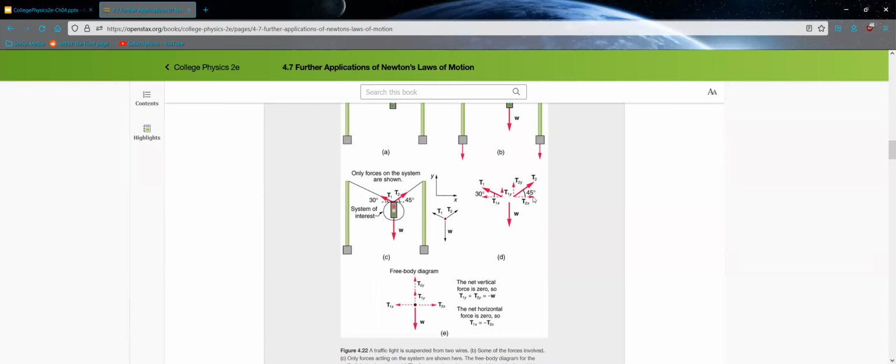There's a lot going on in this diagram. If you look at figure D over here, it has all these different directions and breaking down components. But the important characteristic here is any direction is simply a combination of X and Y components. So if you break down that 45 and that 30-degree angle into X's and Y's, now everything is in either the horizontal or the vertical component, and then you can simply add and subtract them based on where they're pointing, which is what E down here is.